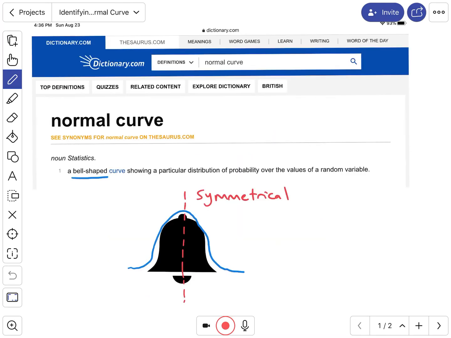Also, what's important about a bell-shaped object is you have one single maximum, or one major peak. You could also call it a mode, because where you have data with the most frequency, that's called the mode, the maximum amount of data for that number.